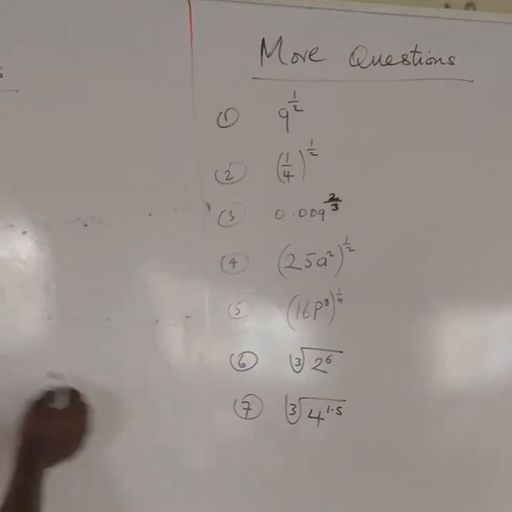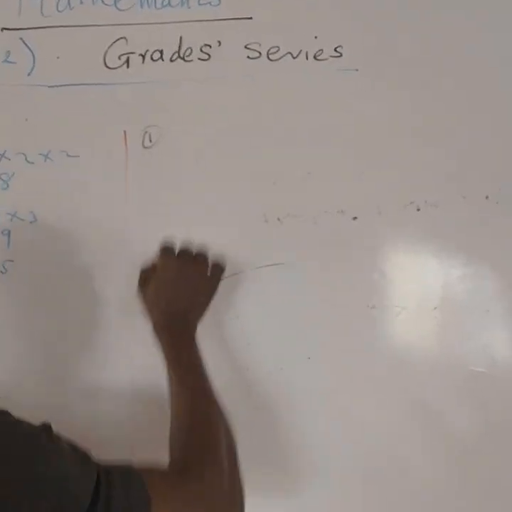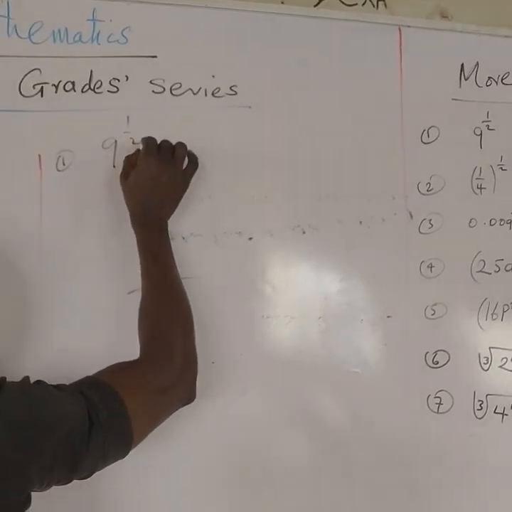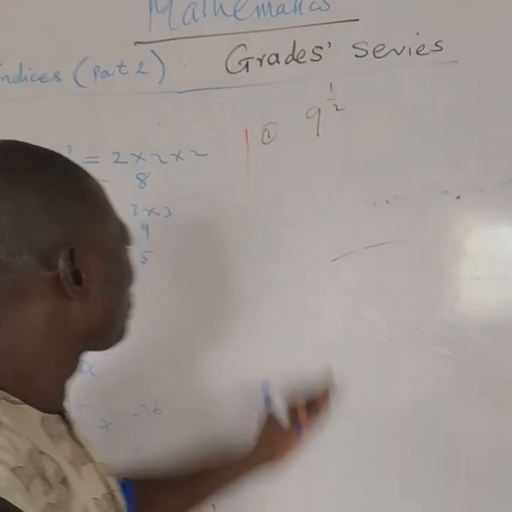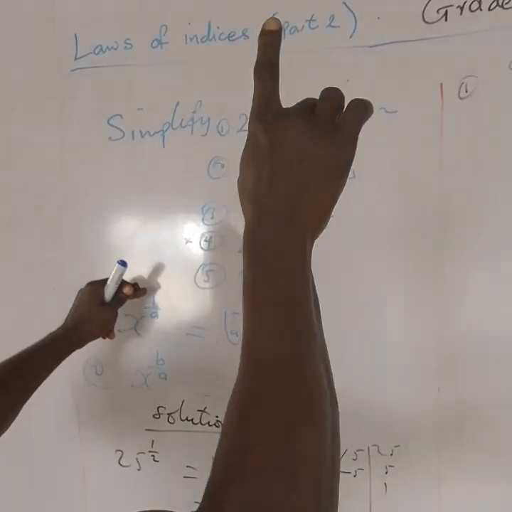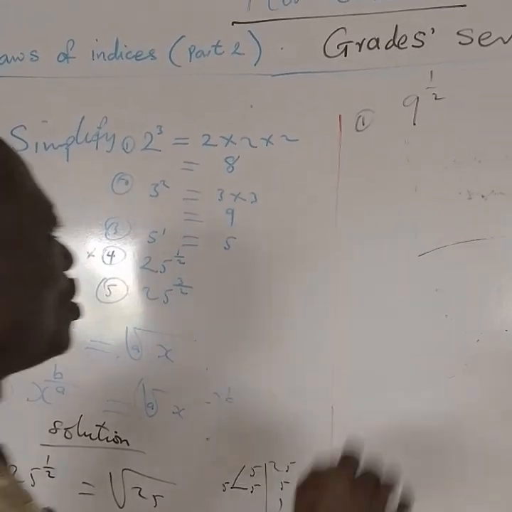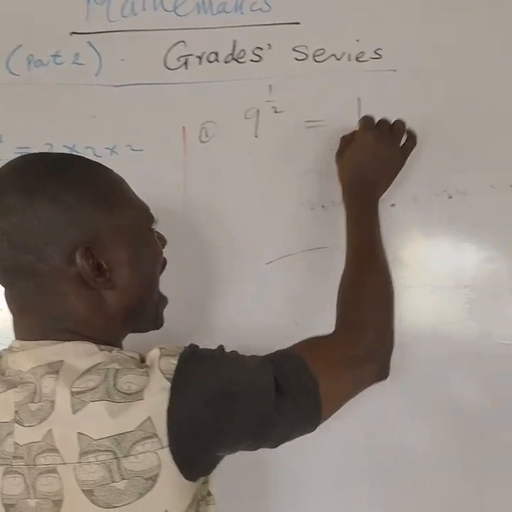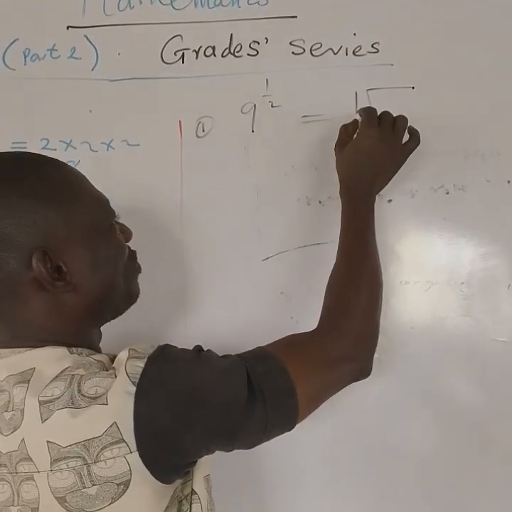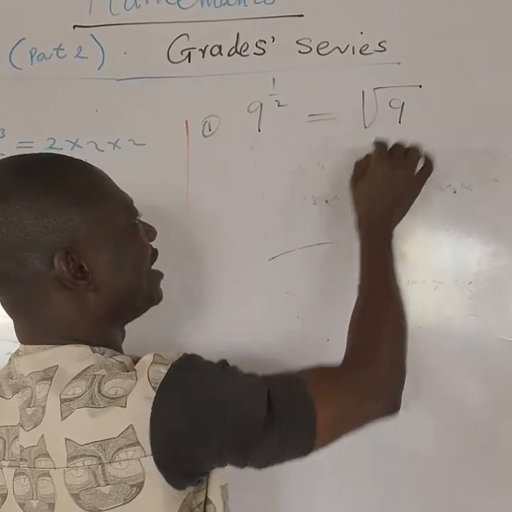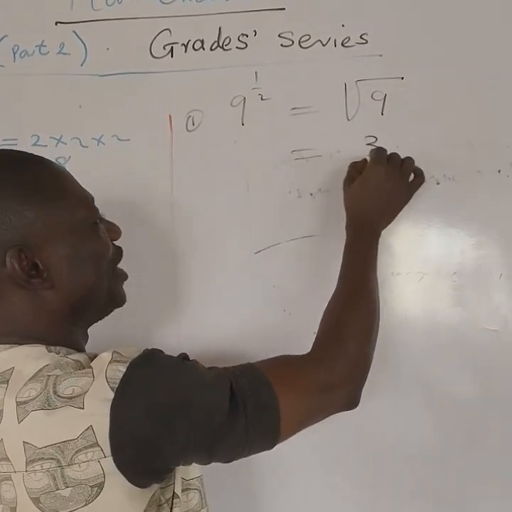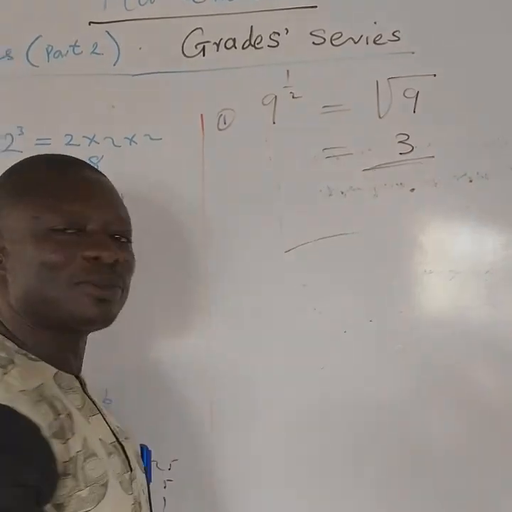More questions number 1: we have 9 raised to power 1 over 2. What does it mean? We can make use of this law now. 1 is still there, a is still 2. So the question is asking us to find the root of the denominator of our index, which is the square root of 9, and the square root of 9 is 3. So 3 becomes the answer there.